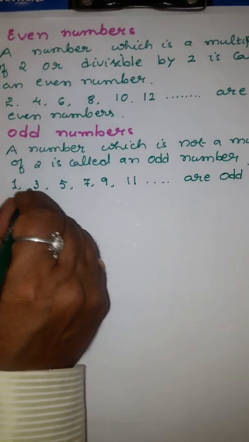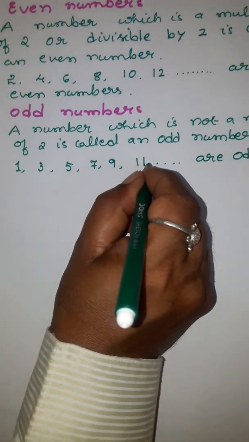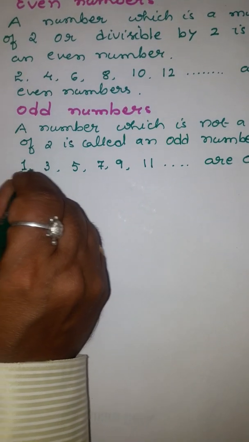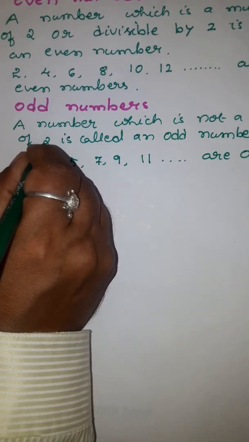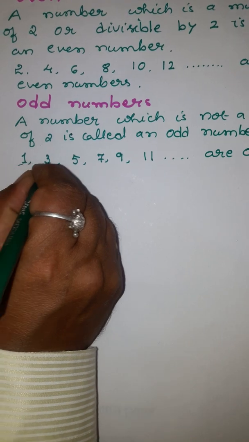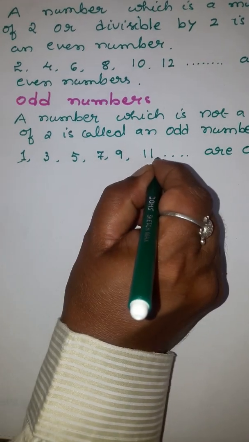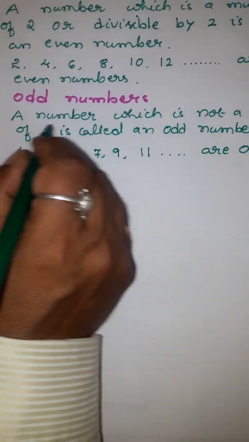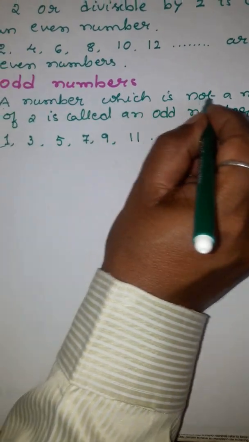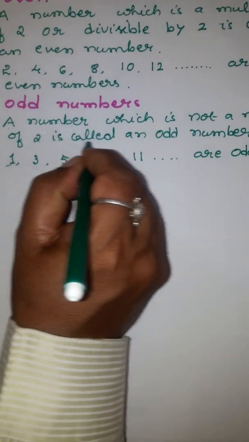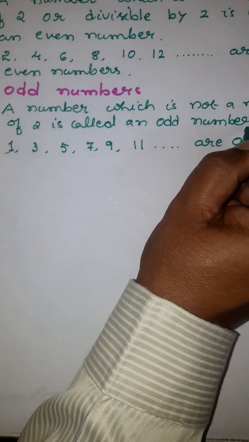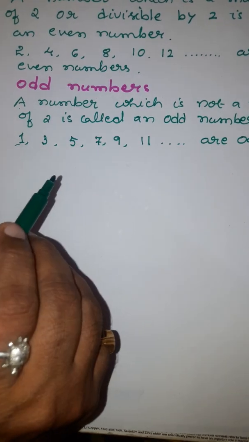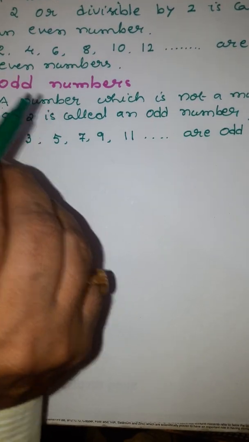All these numbers 1, 3, 5, 7, 9, 11, 13, etc., are not exactly divisible by 2, and also these numbers are not multiples of 2. So these are the examples for odd numbers. So a number which is not a multiple of 2 is known as an odd number. So we learned the meaning of even numbers and odd numbers. Let us move to the next concept: prime numbers.